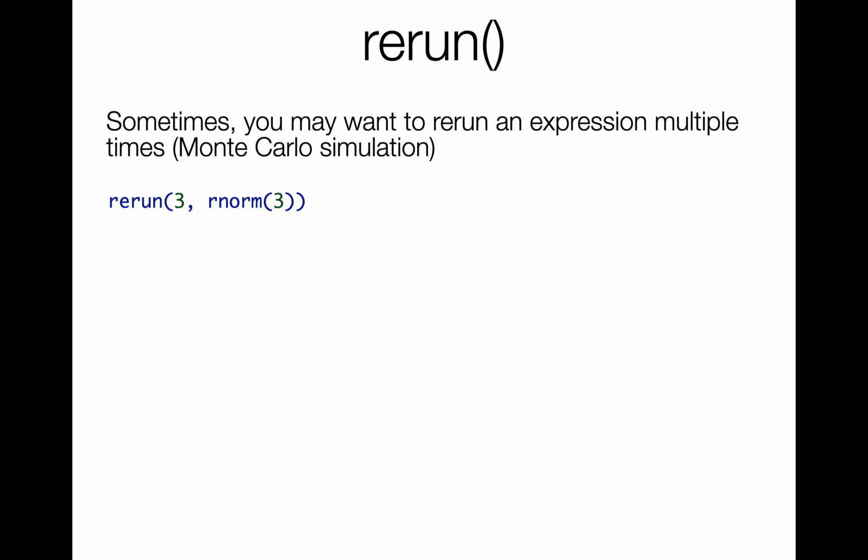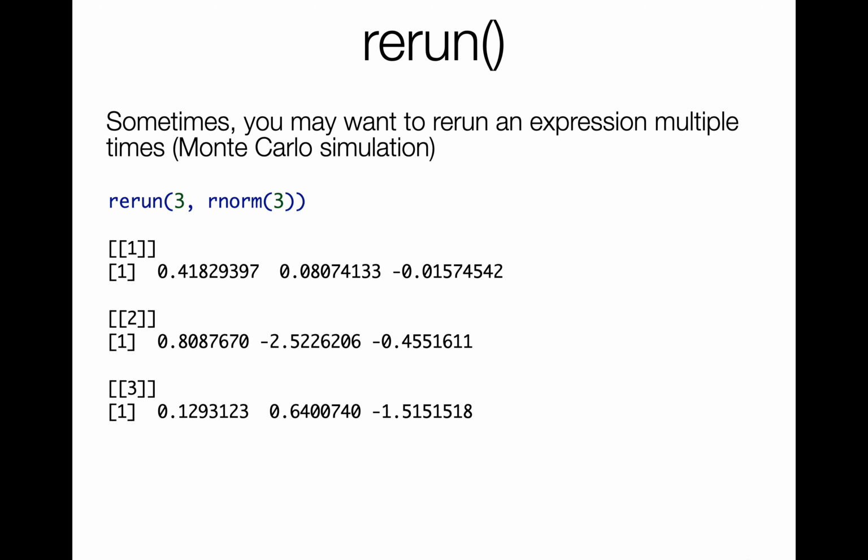It doesn't matter. It's just rerunning an expression, whatever that expression is. So I could do a whole bunch of things inside that second argument. It doesn't need to be a call to one function. But here it is rnorm(3). That's creating 3 observations from a normal distribution with mean 0, standard deviation 1. That's not really important. Three random things, and rerun is going to do it 3 times. When you do that, it looks like that.